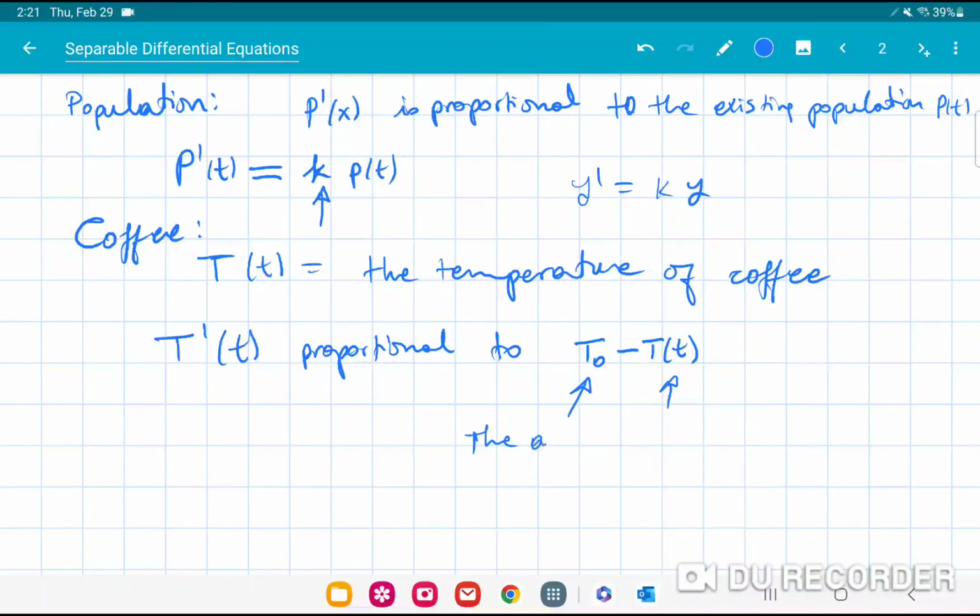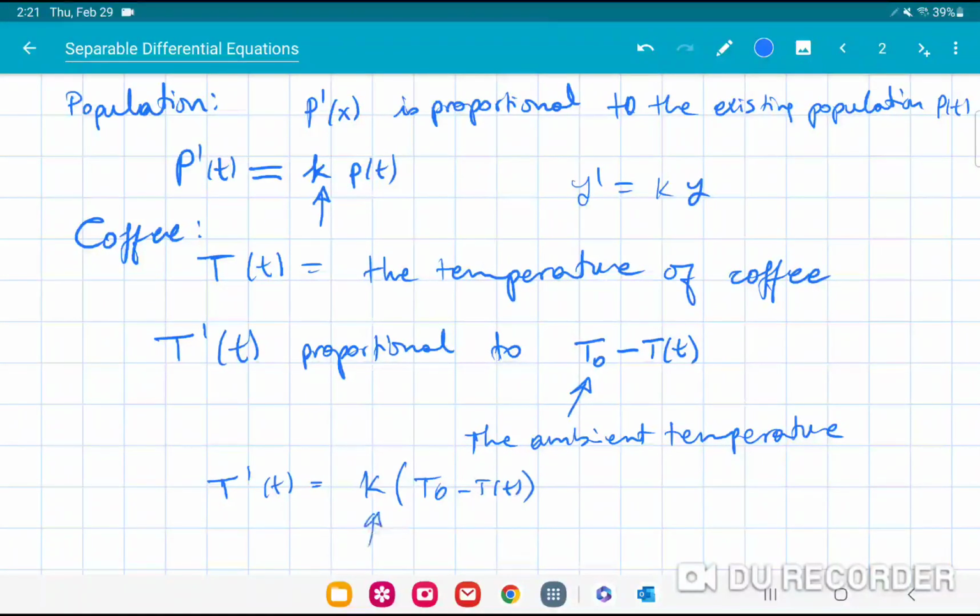Okay? So it's proportional to the difference. So T prime of t is some constant times T0 minus T of t. This constant depends on many things, but it's a constant for a particular situation.